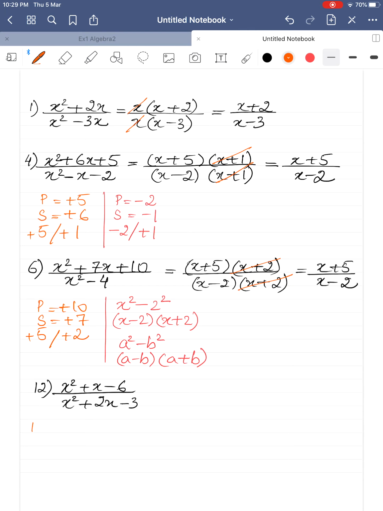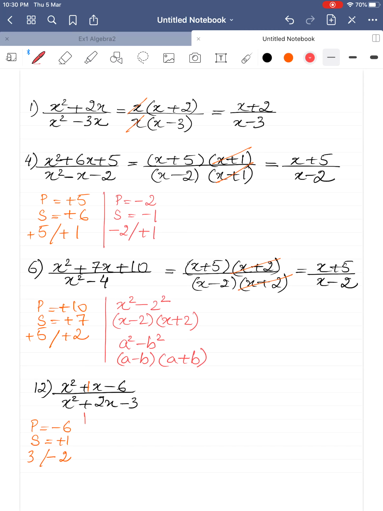Now product in the numerator is negative 6, sum in the numerator is plus 1, which is the coefficient of x, alright, and the two numbers that multiply to give us negative 6 are 3 and negative 2. Since we see that the sum is positive, we know that the bigger number has to be positive here.